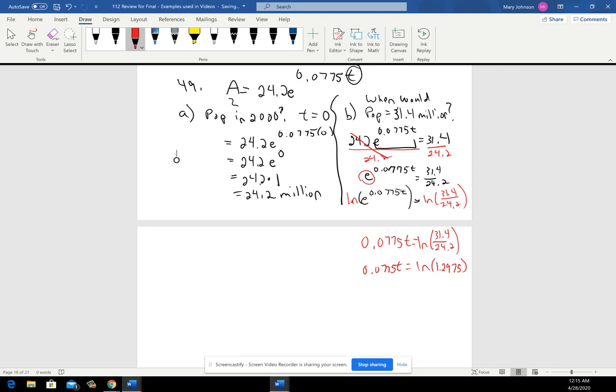And I really keep the whole thing on my calculator when I do the natural log. But it'd be okay to do natural log of that. Just keep a bunch of decimal places in there. Now I'm going to divide that by 0.0775, and you have to watch when you're typing that in not to leave off that 0 after the decimal point, 0.0775.